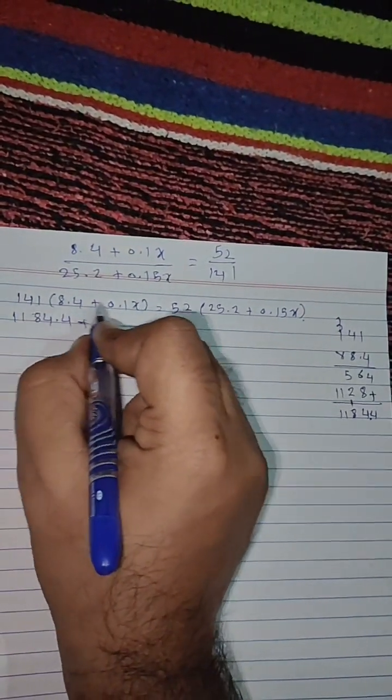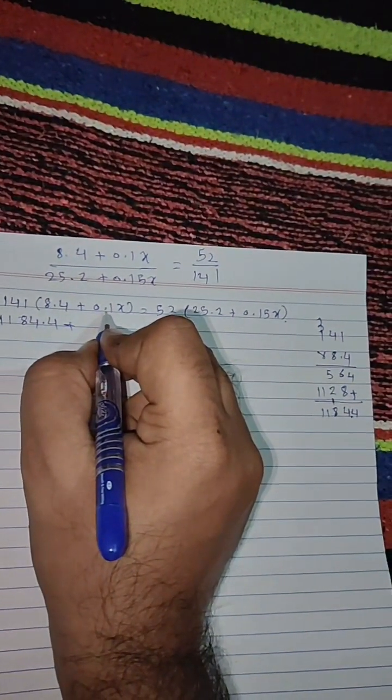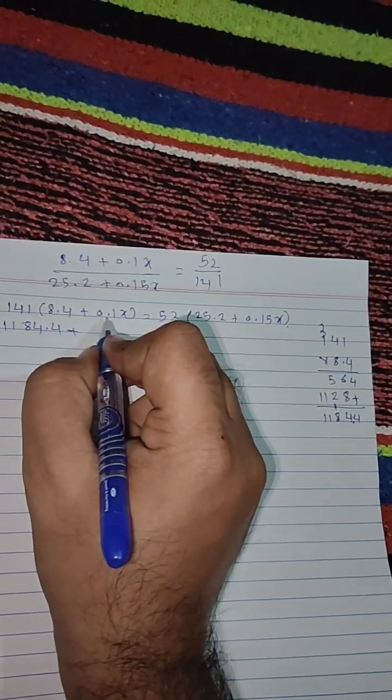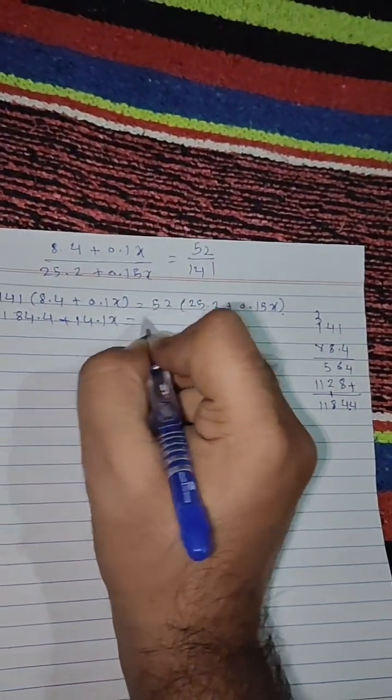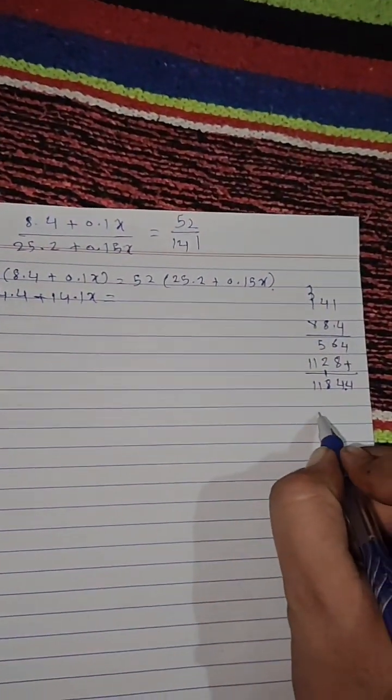And here 141 into 0.1, which is 1 by 10, so it will be 14.1x.